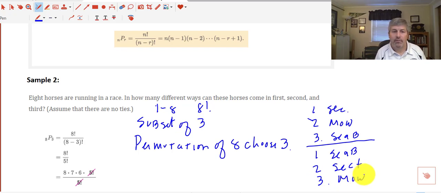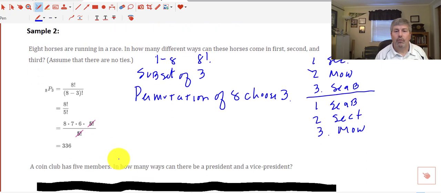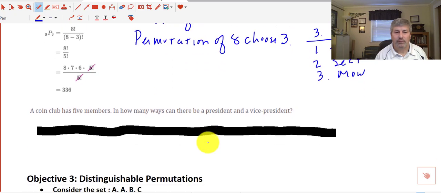So those are different options. This is a permutation of 8 choose 3. Using our formula, that's 8 factorial over 8 minus 3 factorial, or 8 factorial divided by 5 factorial. So our 5 factorials cancel, and that's just 8 times 7 times 6, which is a total of 336.